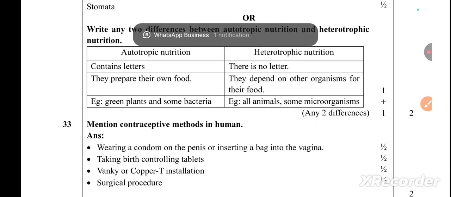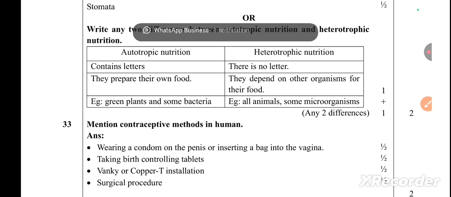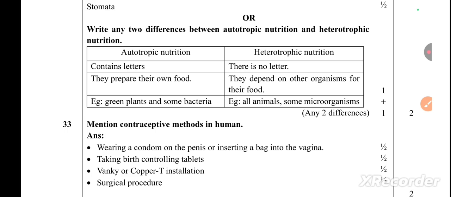Then write the difference between autotrophic and heterotrophic nutrition. Whenever I discussed the English medium science passing package, I discussed whole syllabus differences there. Those are very important for answering questions like these, for 1 mark and 2 mark questions, and also helpful for multiple choice questions. That's why I gave more preference to differences.